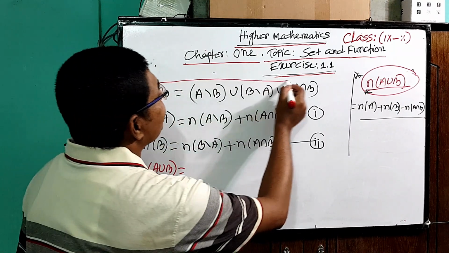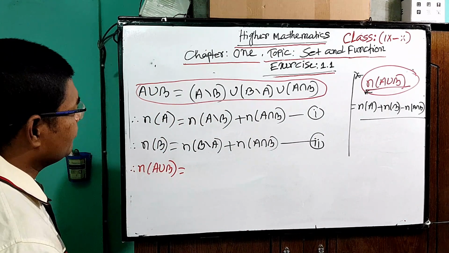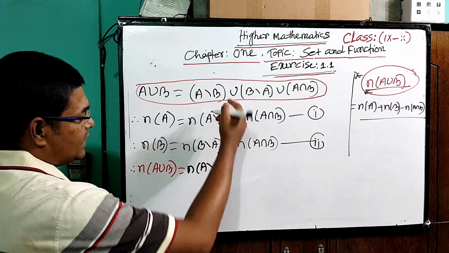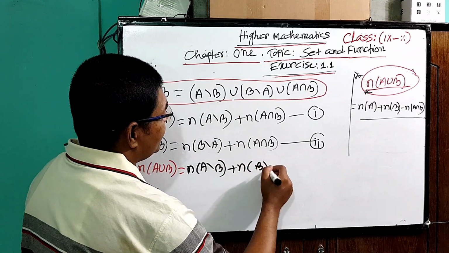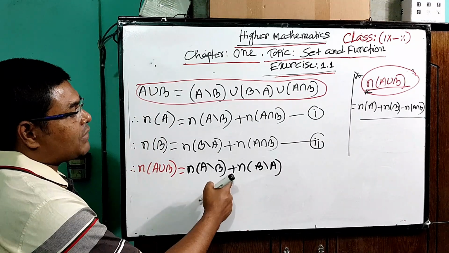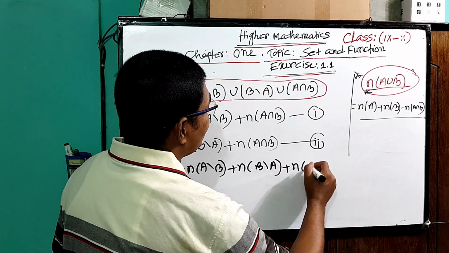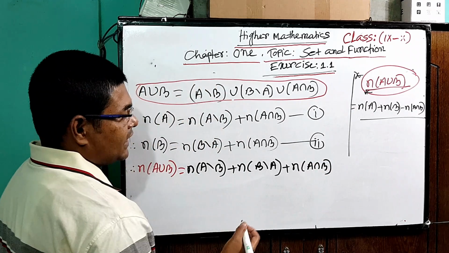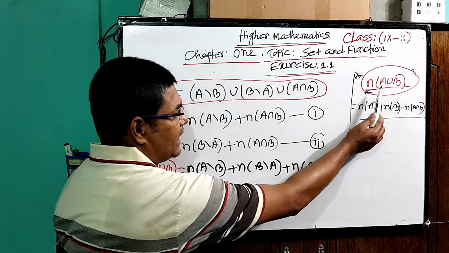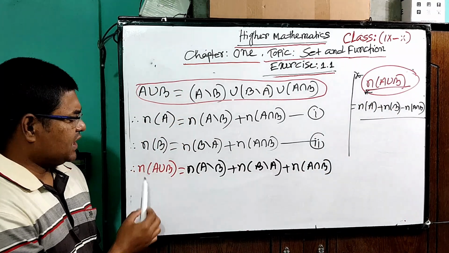You have to use this line. n of A union B equal to n of A difference of B plus n of B difference of A plus n of A intersection of B. I think we have already got the model of n of A union B, the cardinal of A union B.